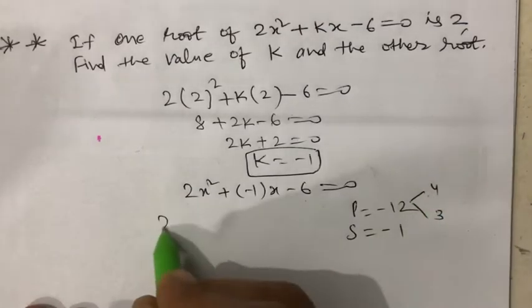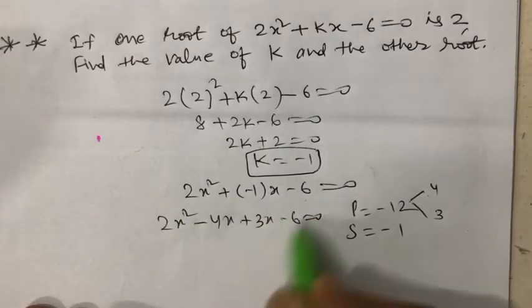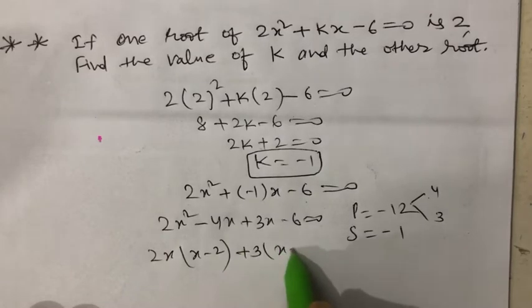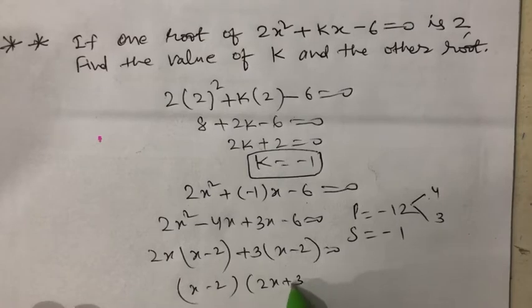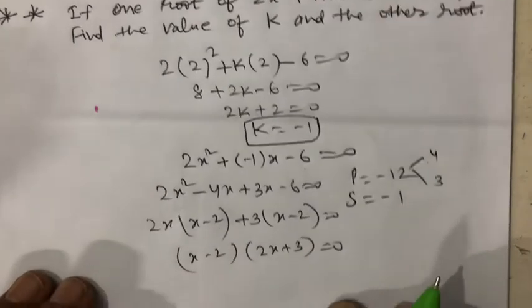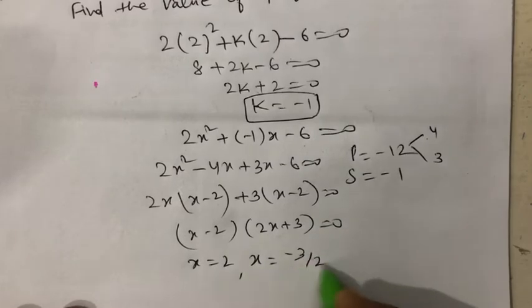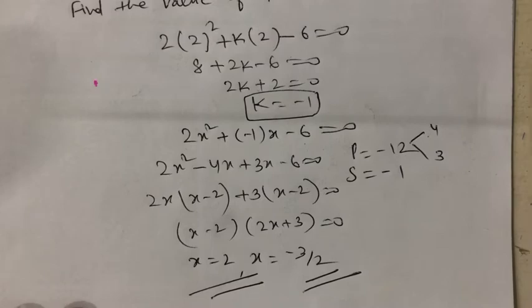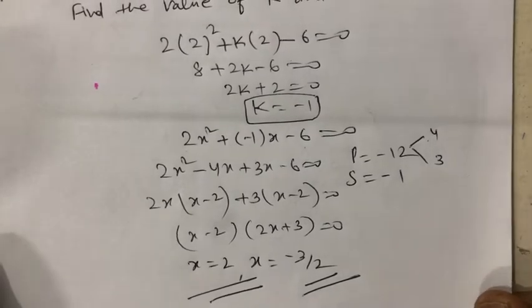So here we write 2x square minus 4x plus 3x minus 6 equal to 0. 2x common, x minus 2, 3 common, x minus 2. Hence x minus 2 and 2x plus 3 are the factors. So x equals 2 and x equals minus 3 by 2 are the two answers or two roots. See the difference in these two questions, just for practice.